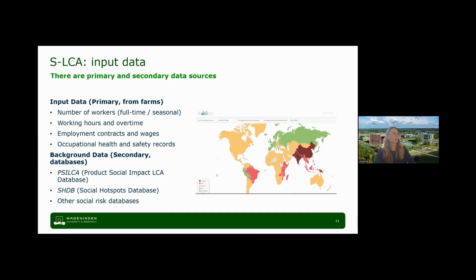And then, of course, we also have the secondary data, so based on databases or also statistics. And those are PSILCA and Social Hotspots database. There are also many more. And they kind of map out, based on other sources, certain topics and the risk levels amongst many countries.